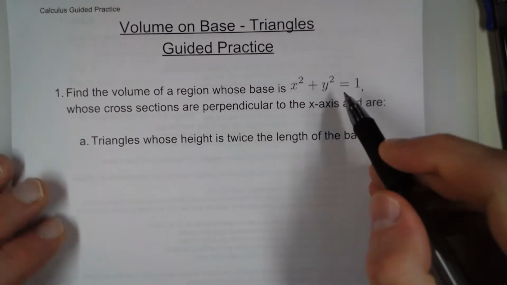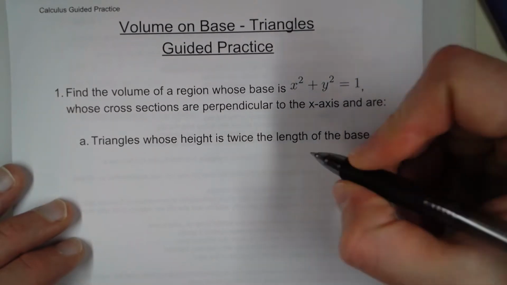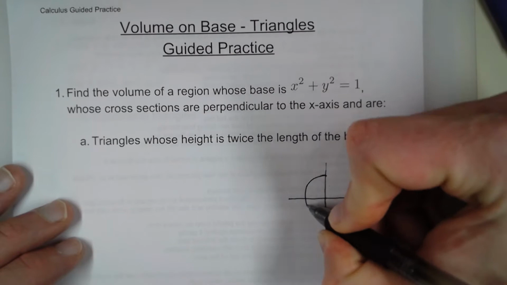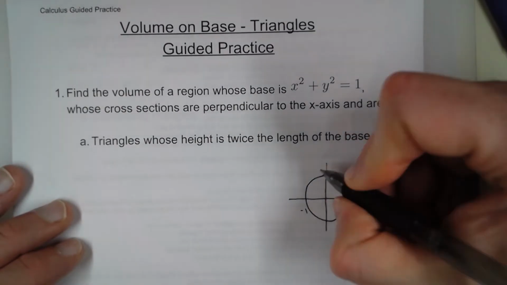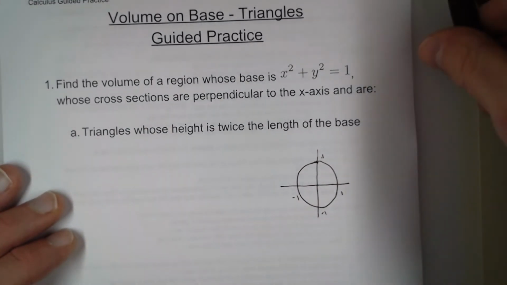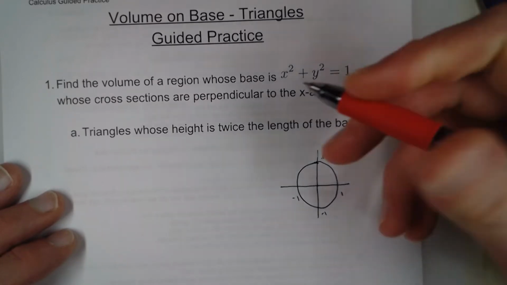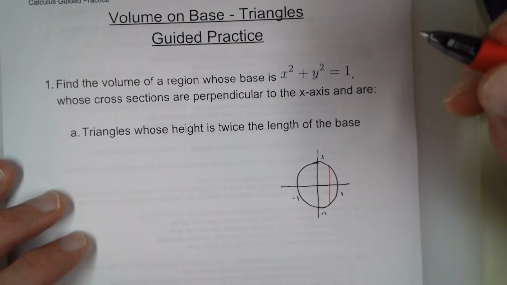So with number 1, we have the region x squared plus y squared equals 1. So here is our base from -1 to 1, and from 1 to -1 this way. Now, as we said in the previous video, our slice, our cross-section, goes this way.